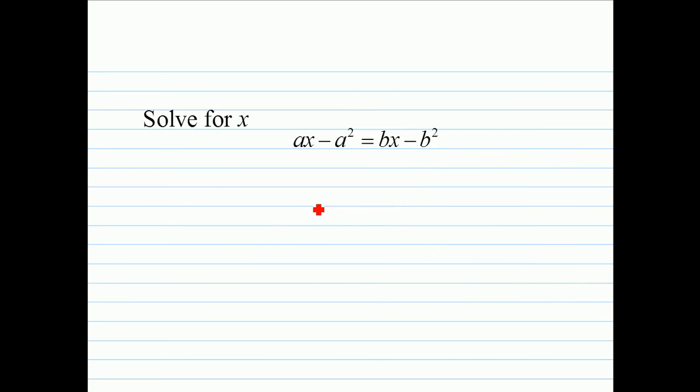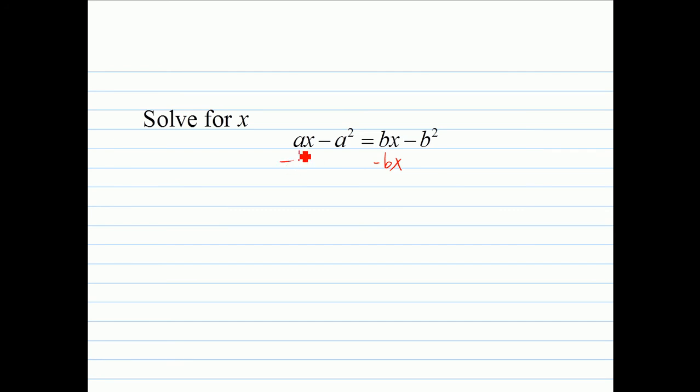Next, let's try this one right here. This should actually be fairly easy. It says solve for x. We're actually going to get a fraction out of this. First things first, let's put all the x terms on the same side. So I'm subtracting bx from both sides, and I want to get everything else away.